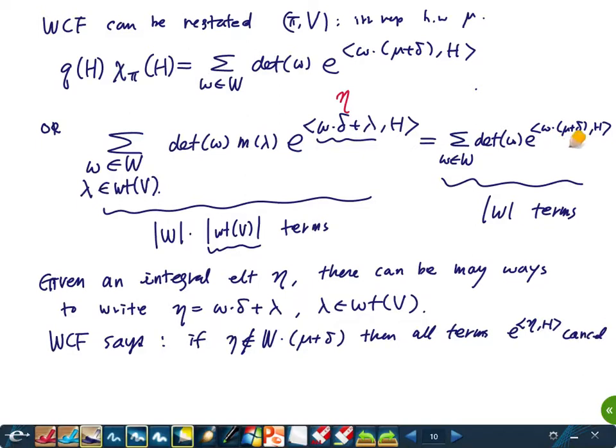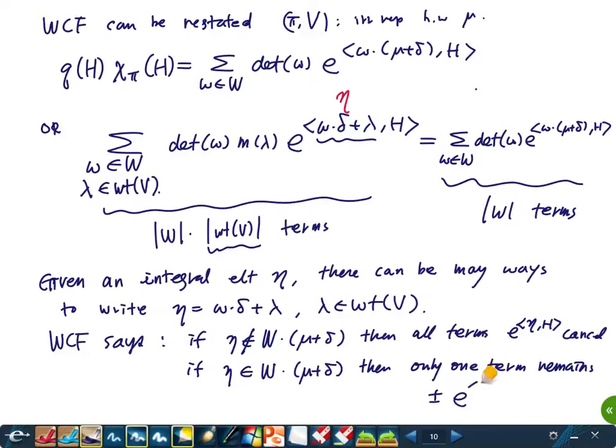Because we have nothing left there. And if this is indeed one of the Weyl group elements in the Weyl group orbit, then only one term remains, like plus or minus, right? So there are many ways to express this, but they all cancel, and we have only one term remaining. Just like this.